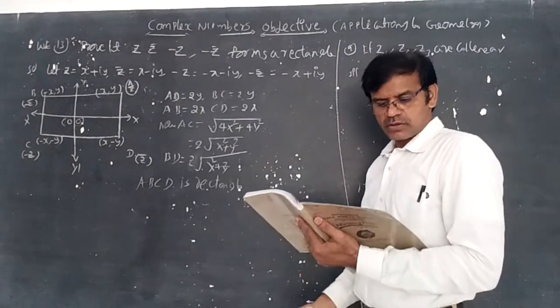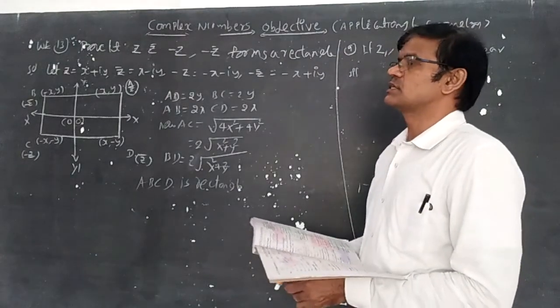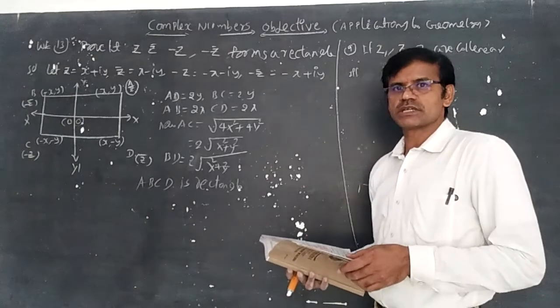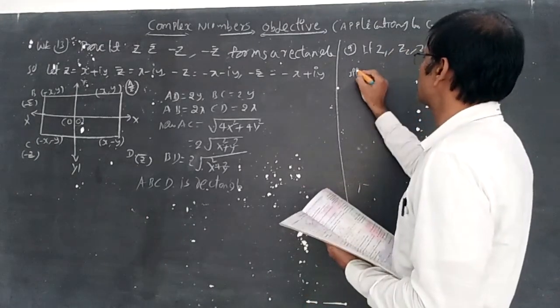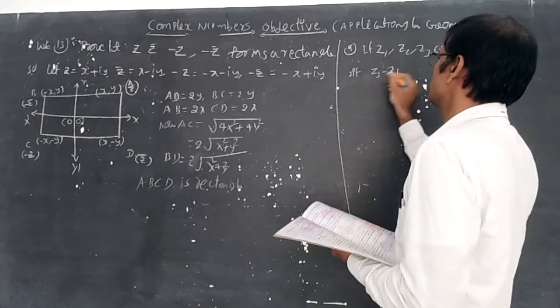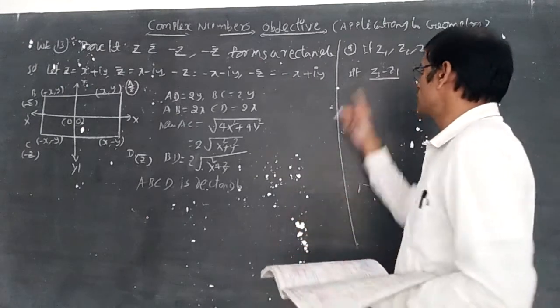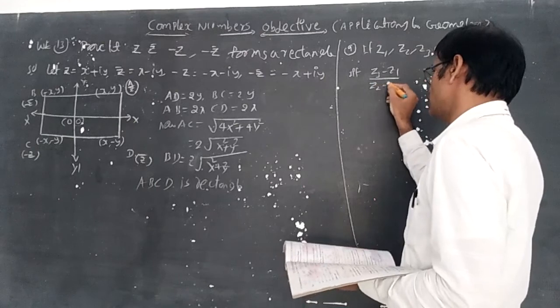In the exercise, Roman number 3, first question, we proved that z3 minus z1 by z2 minus z1 is a real number.